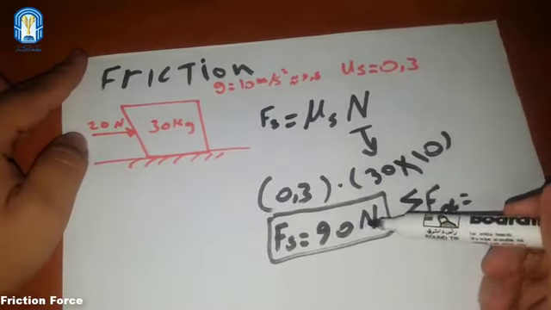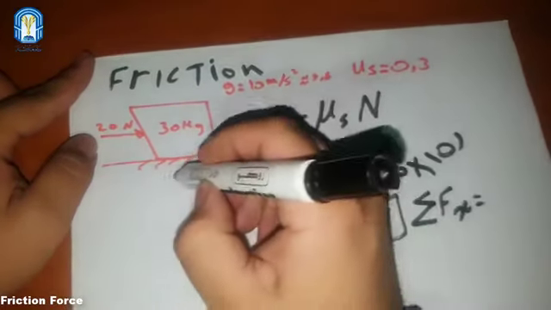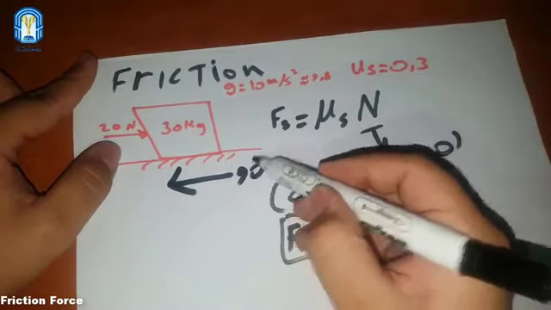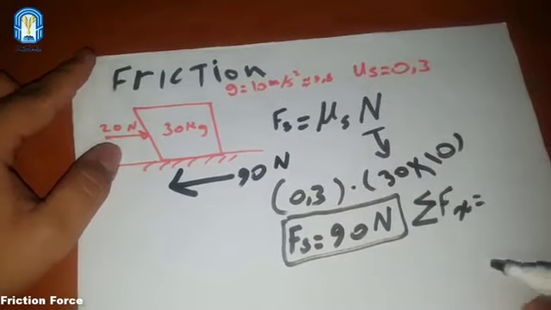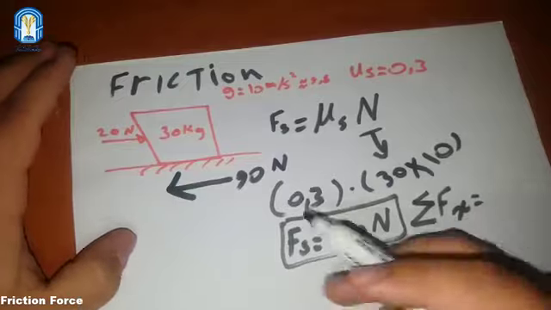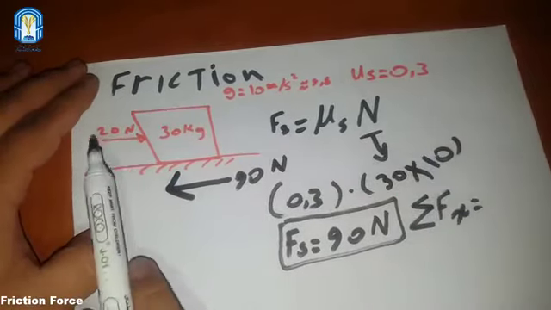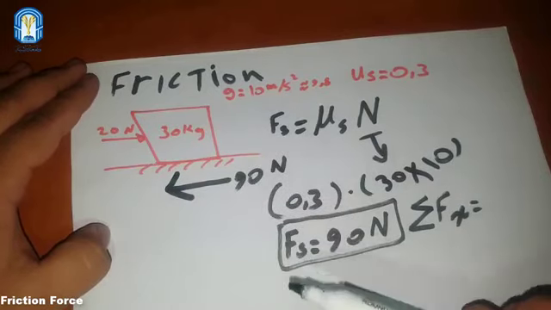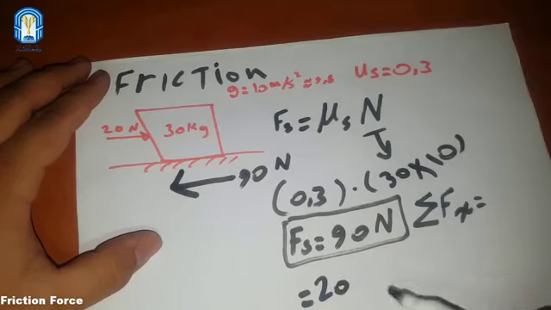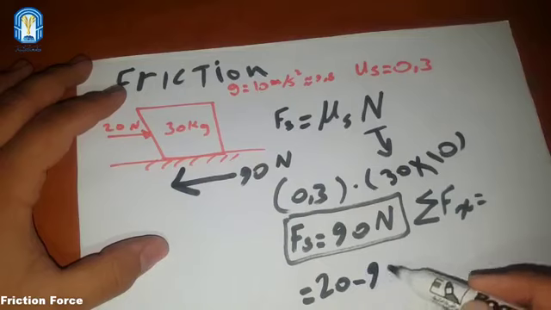This is the 90 Newton force in this direction, and this is the 20. So it equals 20 minus 90.